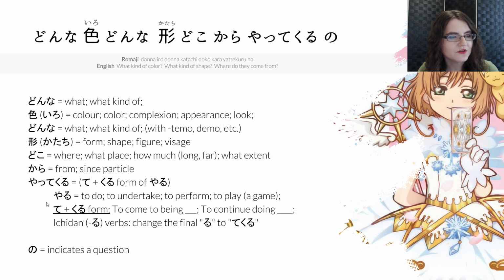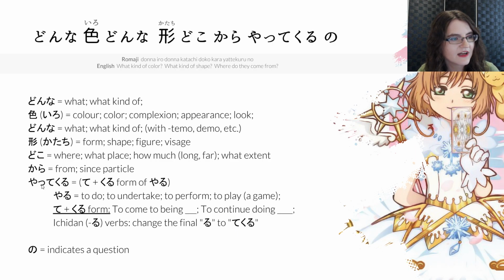And then this yatte kuru is the te-kuru form of yaru, which means to do or to perform. It's a bit more casual form of suru. And to make that into its te form, it is an ichidan ru verb. So, oh no, it's a godan. It's a godan ru verb, so that's why you have this tiny tsu here. Because ichidan ru, the ru, would change to te, but since this is actually godan, we have that tiny tsu in there.